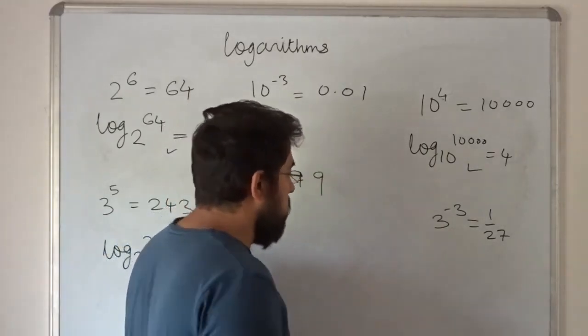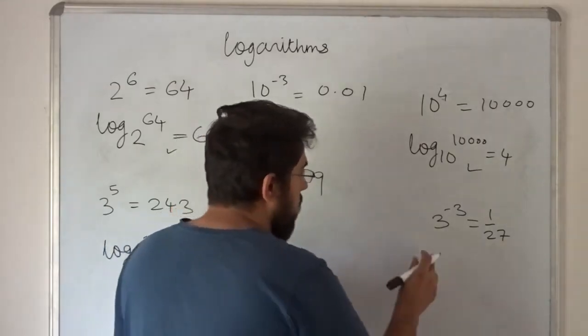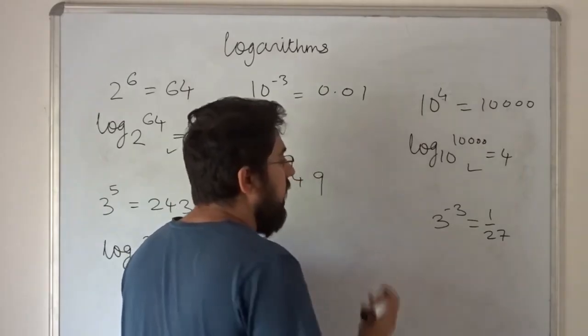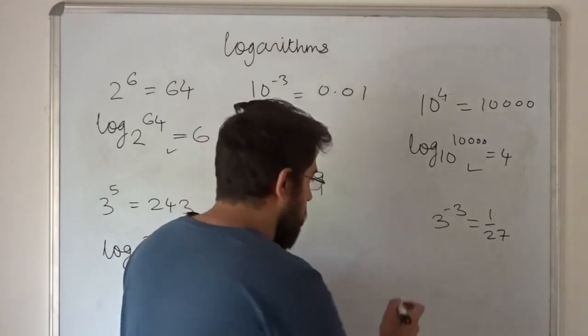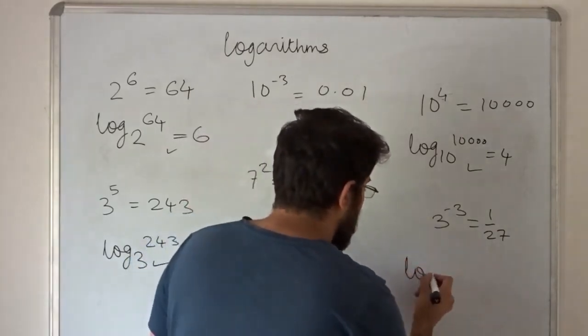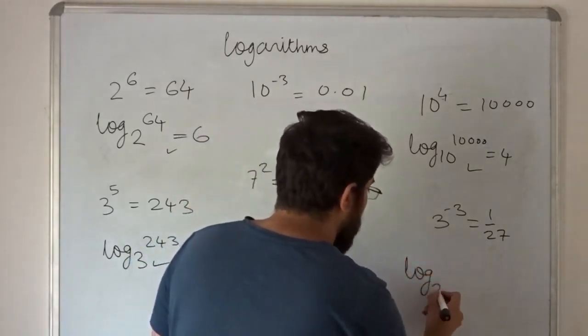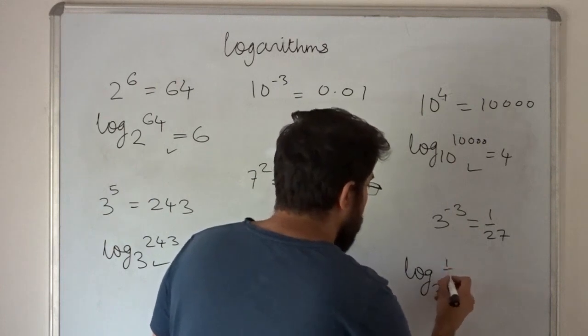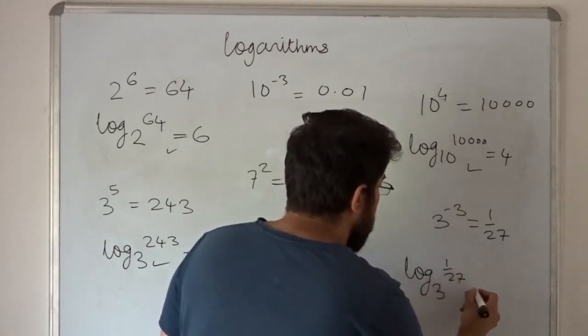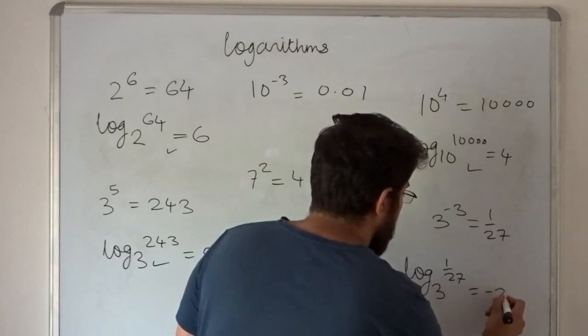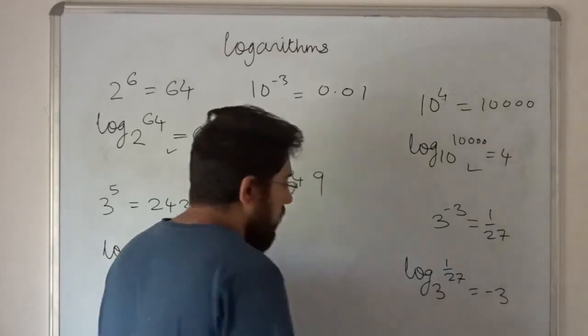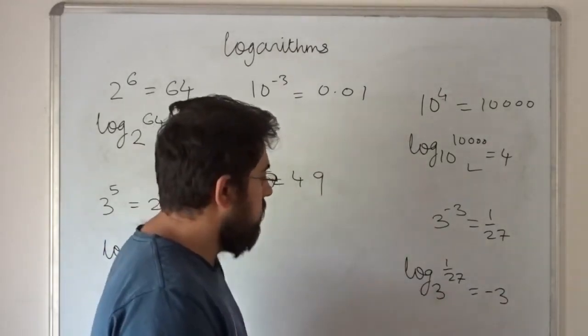It is an integer. So that is why you can never have -3 as a natural number. So the correct answer to this would be log base 3 to the power 1 upon 27, which equals -3. Okay? This will be the correct answer.